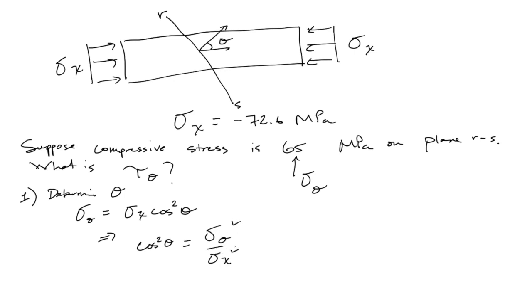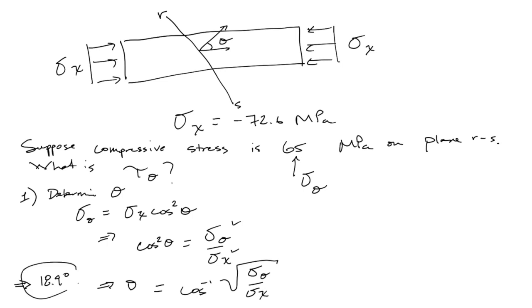So we have both of these, right? So then we can just take the inverse cosine, and theta is going to be the inverse cosine of the square root of sigma theta over sigma x, which in this case is equal to about 18.9 degrees.